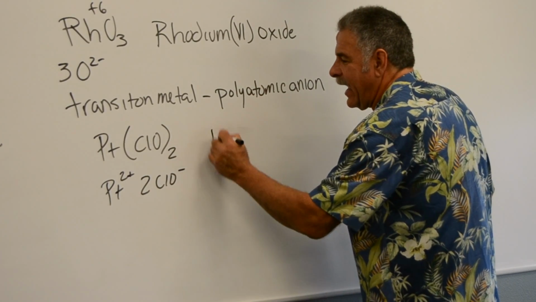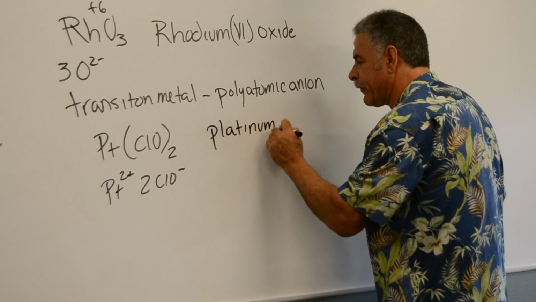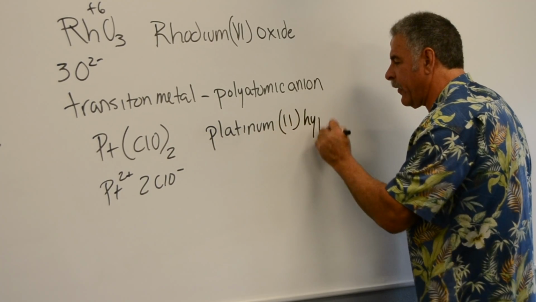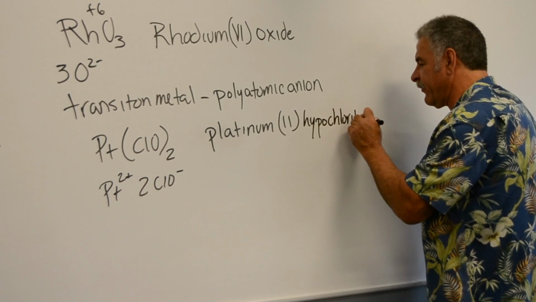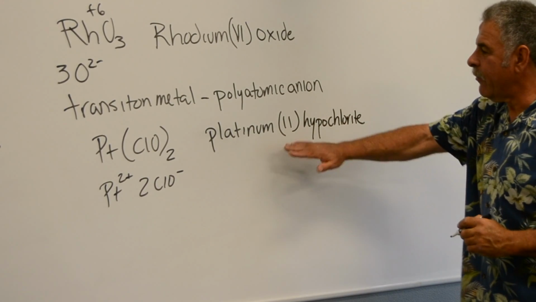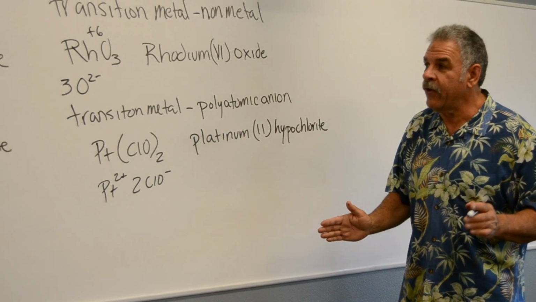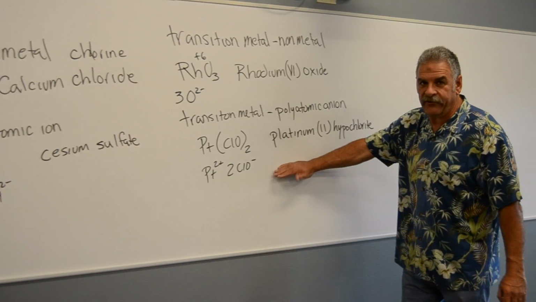When we write the name, we write platinum 2 hypochlorite, which is just the name of the anion. But we always use Roman numerals only with the transition metals. We don't use them with the metals in groups 1 and 2, but only with the transition metals.